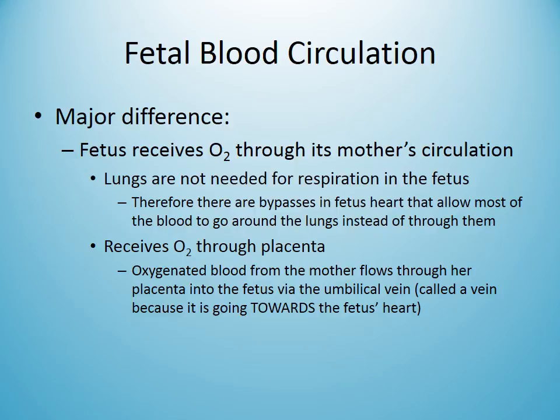Oxygenated blood from the mother flows through her placenta into the fetus via the umbilical vein. It's called a vein because it's going towards the fetus's heart. So even though it has oxygenated blood, it is called the umbilical vein, because at that point the vessel is going towards the fetus's heart.